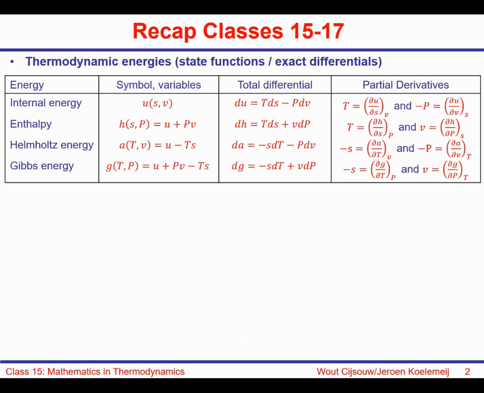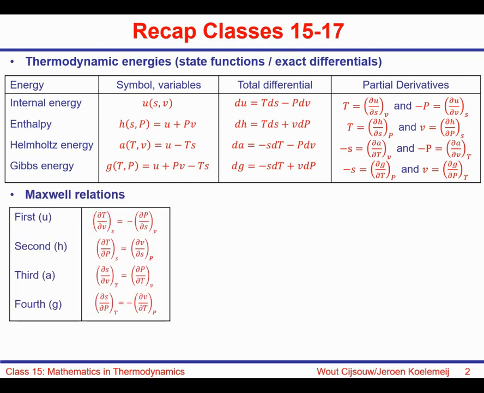So I just mentioned all the math of the previous classes. In the previous classes, 15 through 17, we learned about the different thermodynamic energies, about their total differentials, the partial derivatives that are involved. We learned about the Maxwell relations that can be very useful to convert partial derivatives that contain, for example, the entropy, which is always a bit problematic because you cannot measure it.